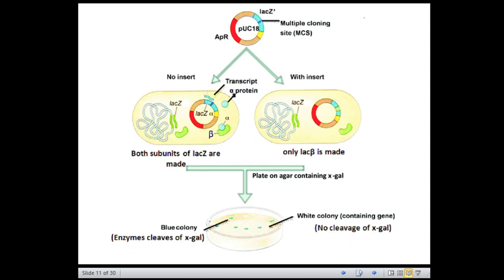Right? So this elegant system is called as blue-white selection system, which allows the initial identification of recombinants to be undertaken very quickly and has been included in a number of subsequent vector systems.